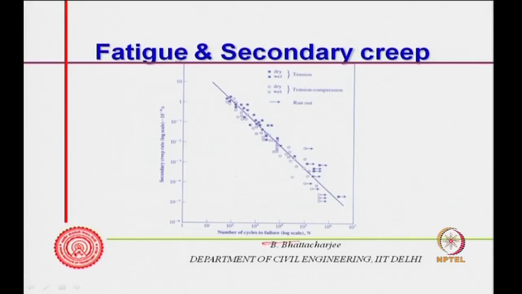So, the number of cycles to failure, in log scale 10 to the power 7, 10 to the power 6 etcetera, is related to the secondary creep rate, also in log scale. It is per unit time. It is seen that when your secondary creep rate is high, the number of cycles to failure is low.